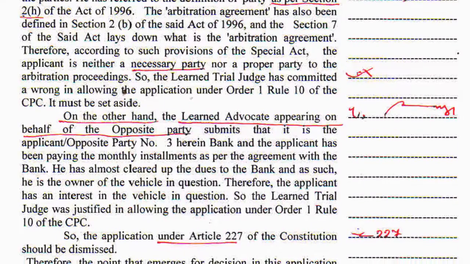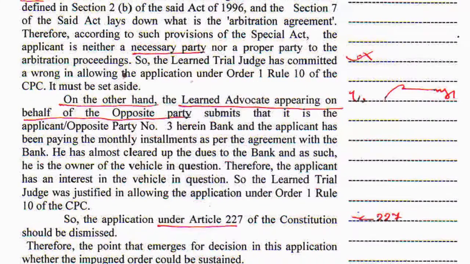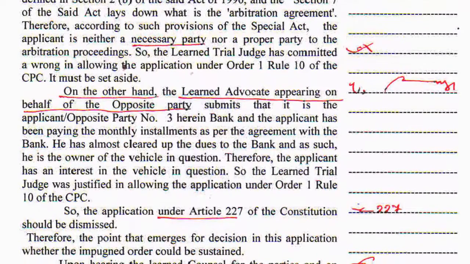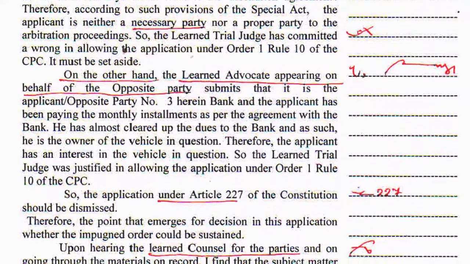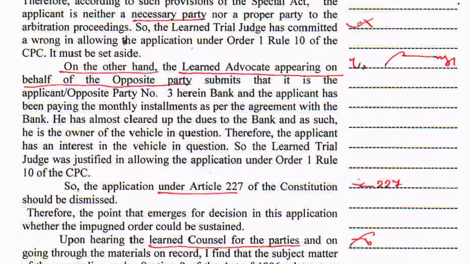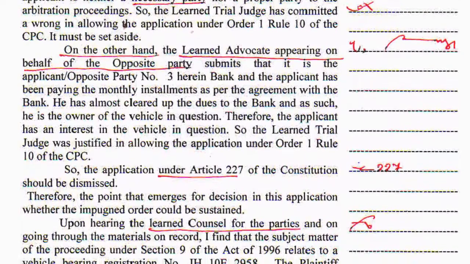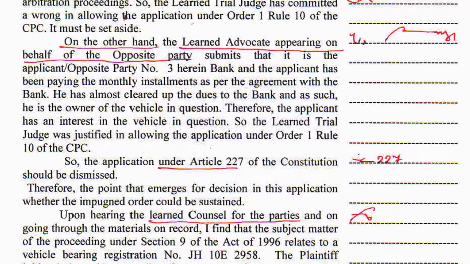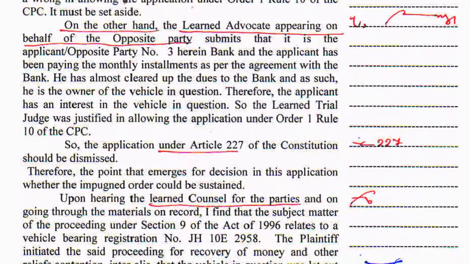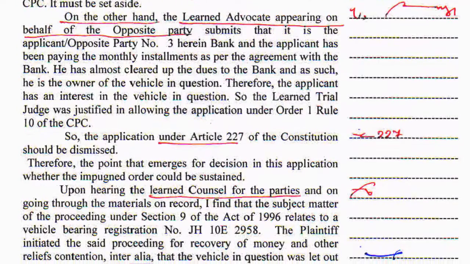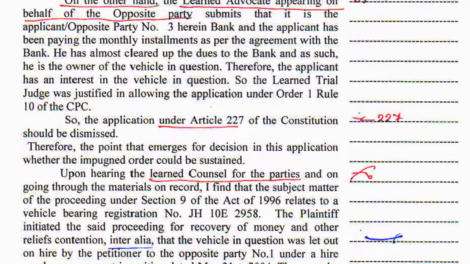The plaintiff initiated the said proceeding for recovery of money and other reliefs, contending inter alia that the vehicle in question was laid out on hire by the petitioner to the opposite party number 1 under a hire purchase agreement in writing dated May 31st, 2004. The opposite party number 2 is the guarantor of the transaction according to the contention of the petitioner.